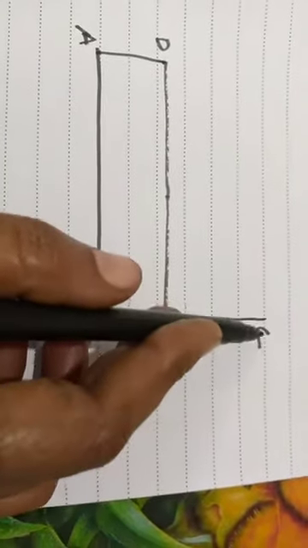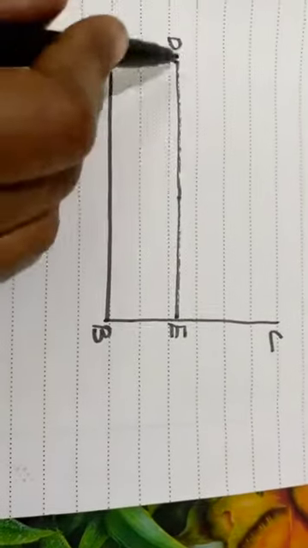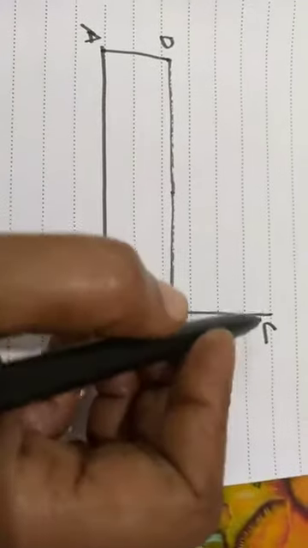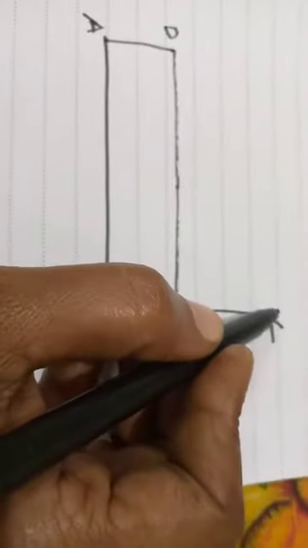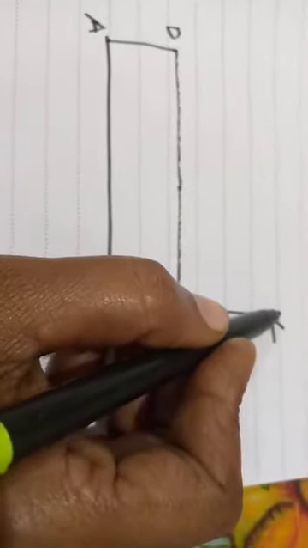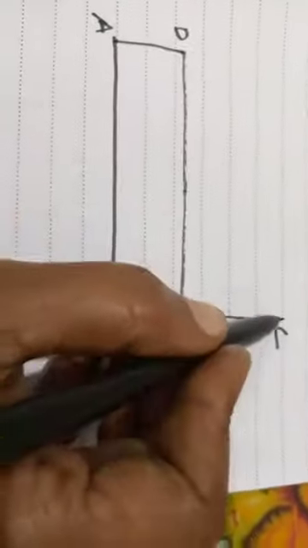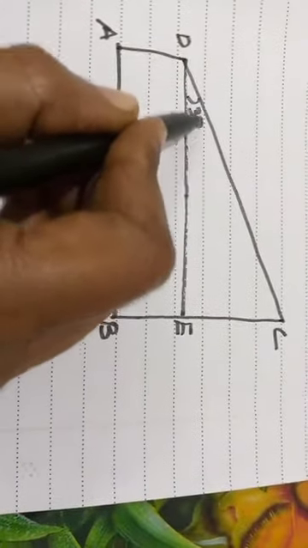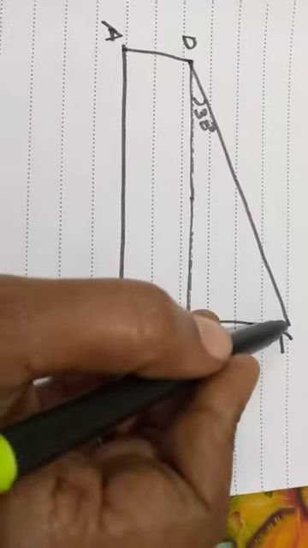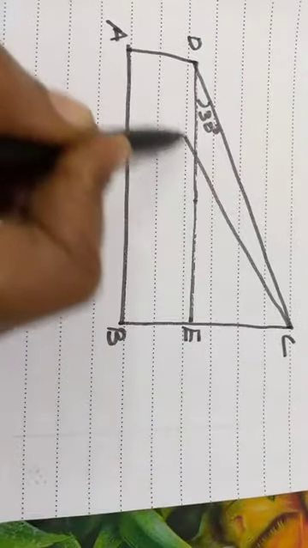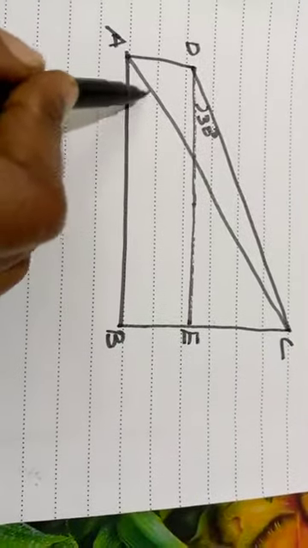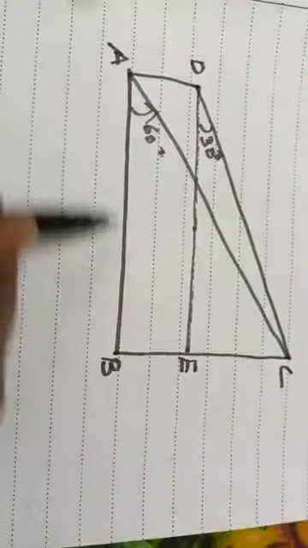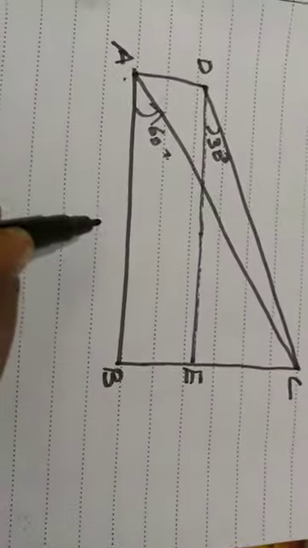BC be the tower, AD be the electronic pole. So the angle of elevation from the top of the tower to the top of the electronic pole is 30 degrees, as well as the top of the tower to the bottom of the electronic pole is 60 degrees. Did you understand the diagram? This AB distance down, let us take it X.